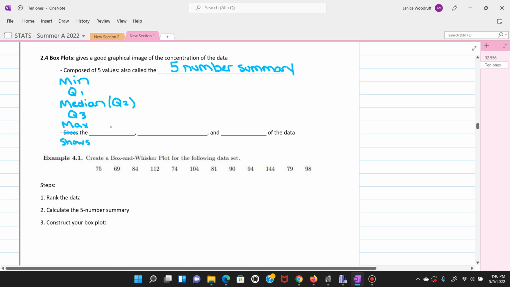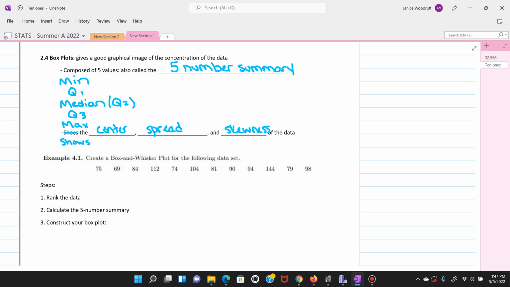It's going to show the center, the spread, and the skewness of data.